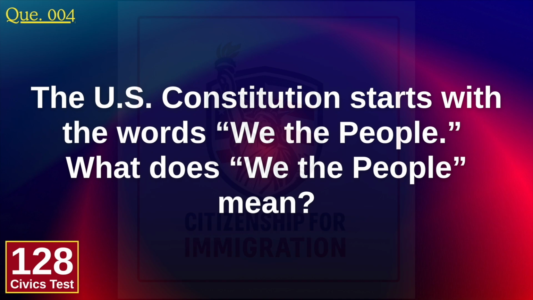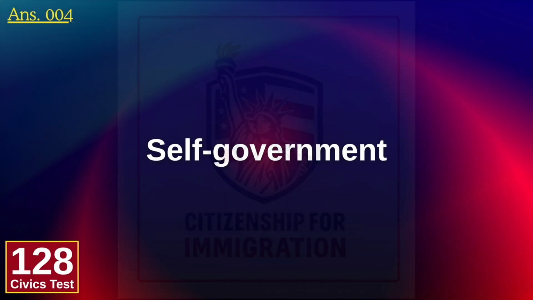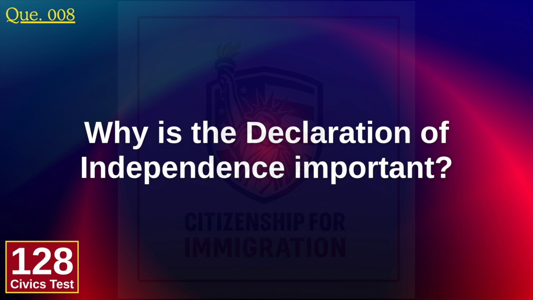The U.S. Constitution starts with the words, "We the people." What does "we the people" mean? Self-government. Why is the Declaration of Independence important?